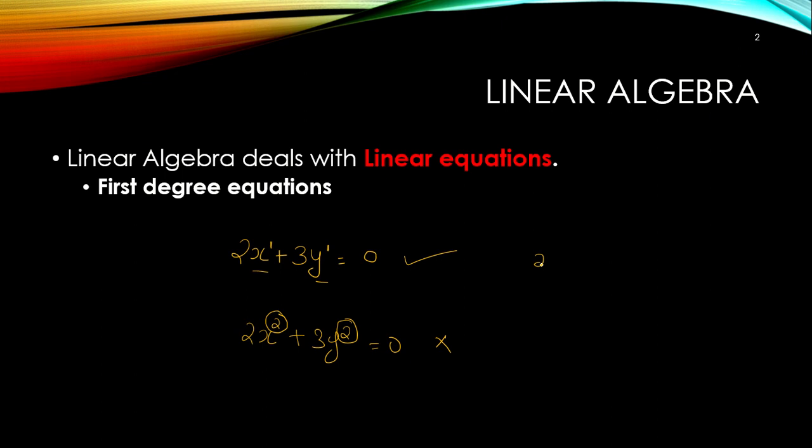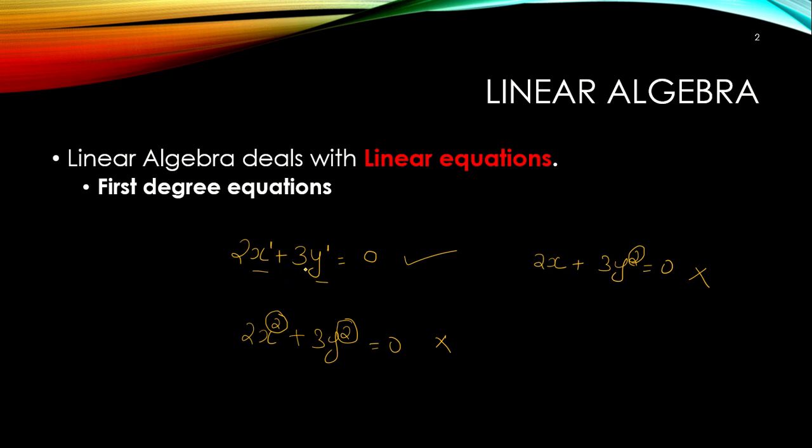And if the equation is something like this, still this is not a first degree equation. So one of the variables has a higher degree. So this is also not a linear equation. So we can consider a linear equation like this.